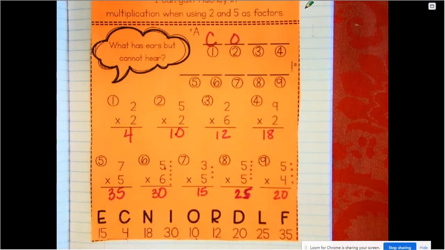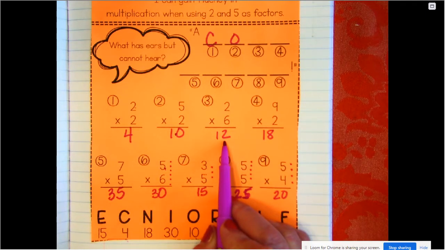What has ears but cannot hear? So number 3 was 12.